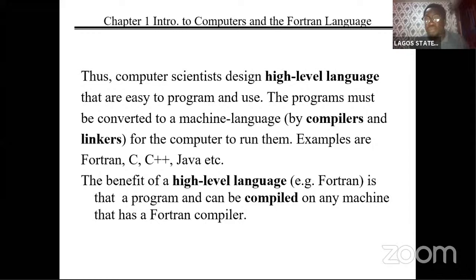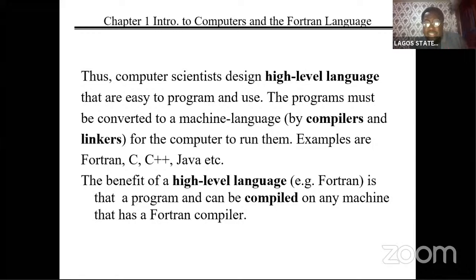Because all you have to do is sit down together, understand the framework of your language, and develop a structural representation of that language. But let us look at the benefit of this high-level language, with emphasis on Fortran, which is the subject of concern in this class. One of them is that the program can be compiled on any machine that has a Fortran compiler.